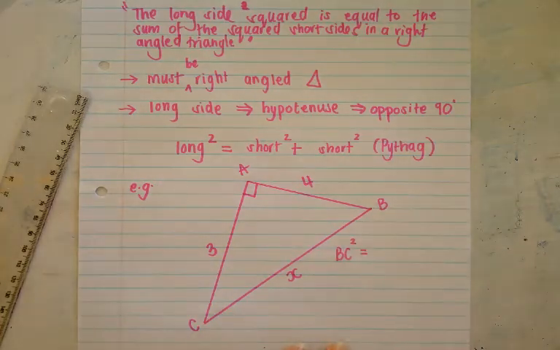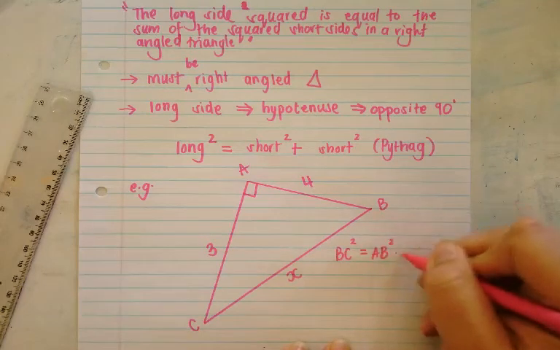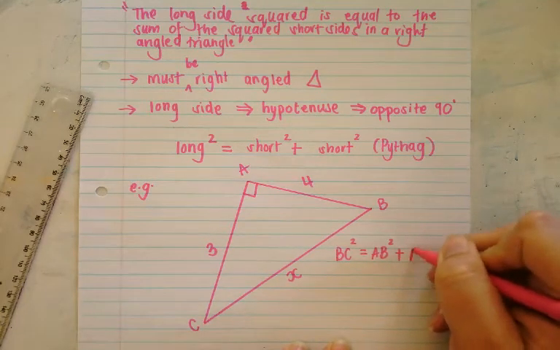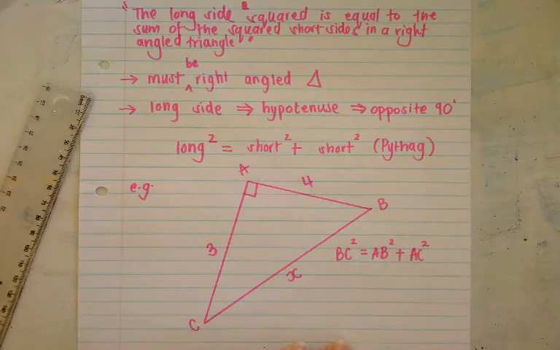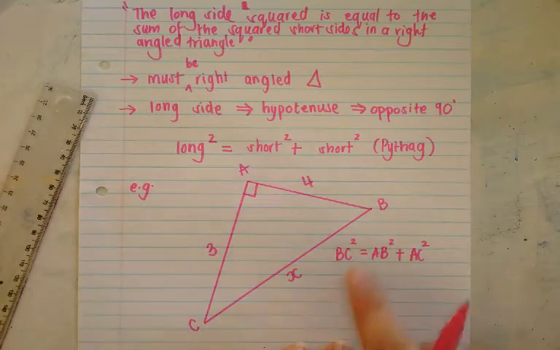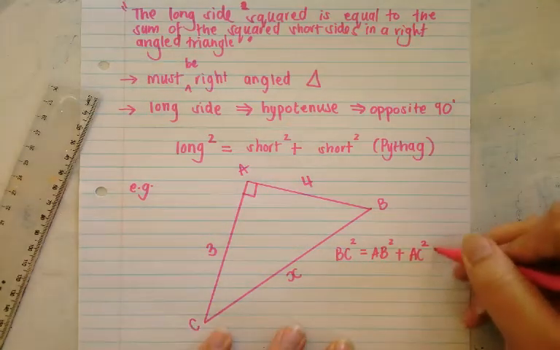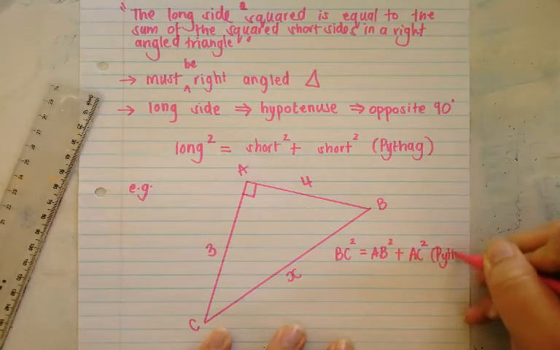So what are my short sides? AB and AC, here we go. Doesn't matter which one I write first. Doesn't matter the order of the letters as long as it's the correct letters. So that was my hypotenuse, that was my short side, that was my short side, and immediately I'm also writing Pythag.